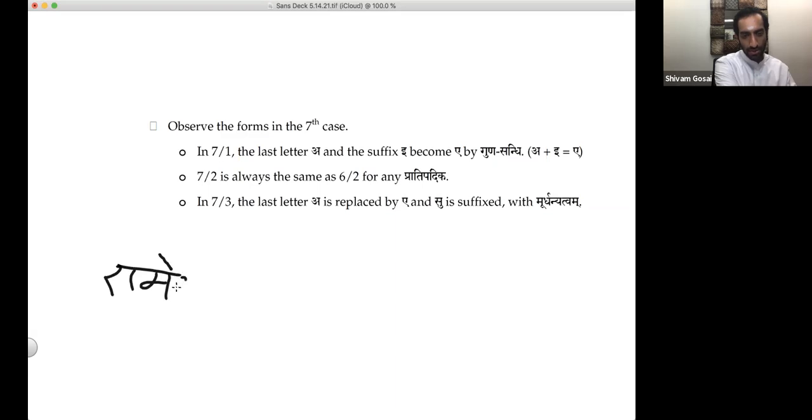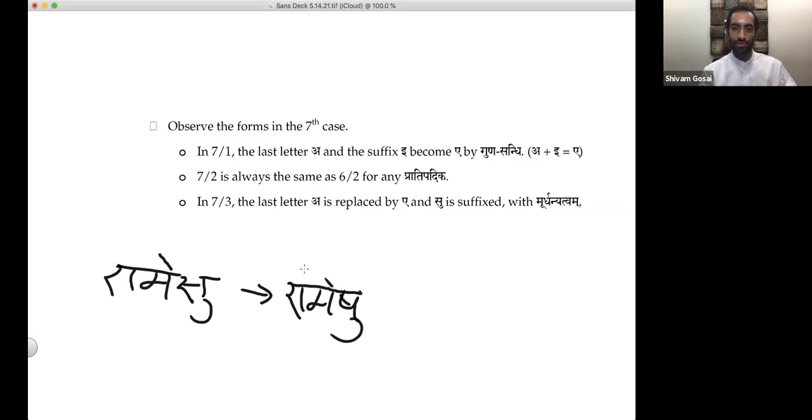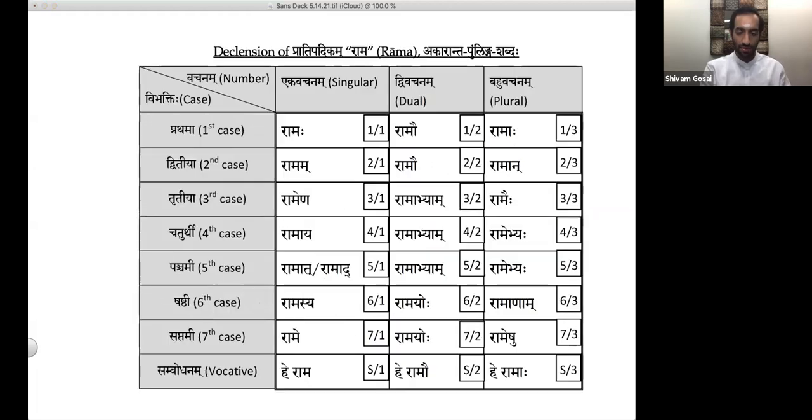And then we add su. And then finally, that gets transformed into Rameshu. So Rame, Ramayoho, Rameshu. You don't need to know the rules behind this, but if you're curious, that's what it is. Otherwise, you can just know that this is what it looks like.